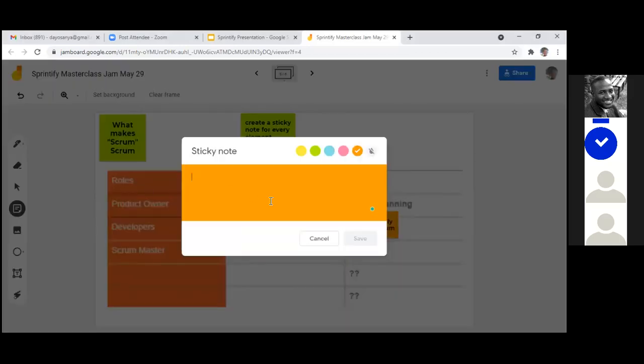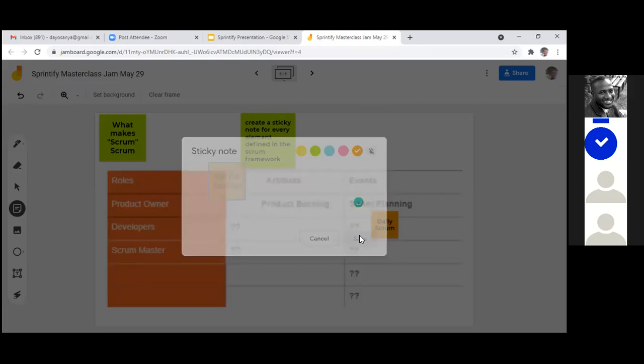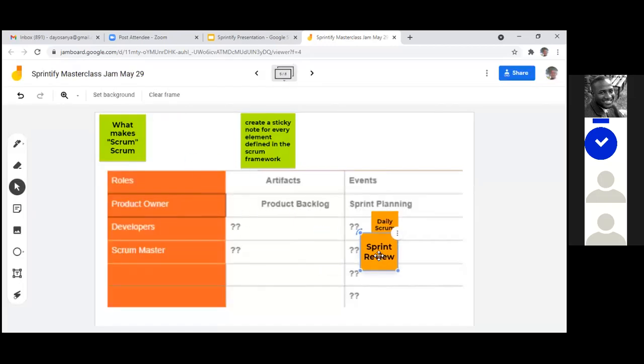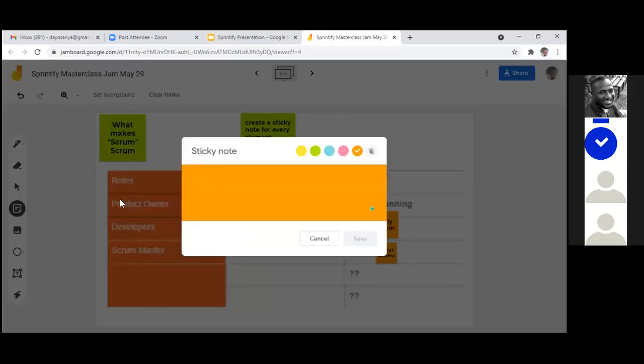Okay. So the daily Scrum, the sprint review. Yeah. So here, what we have as events. It's just a sticky note. You have not put any events. I've put it.